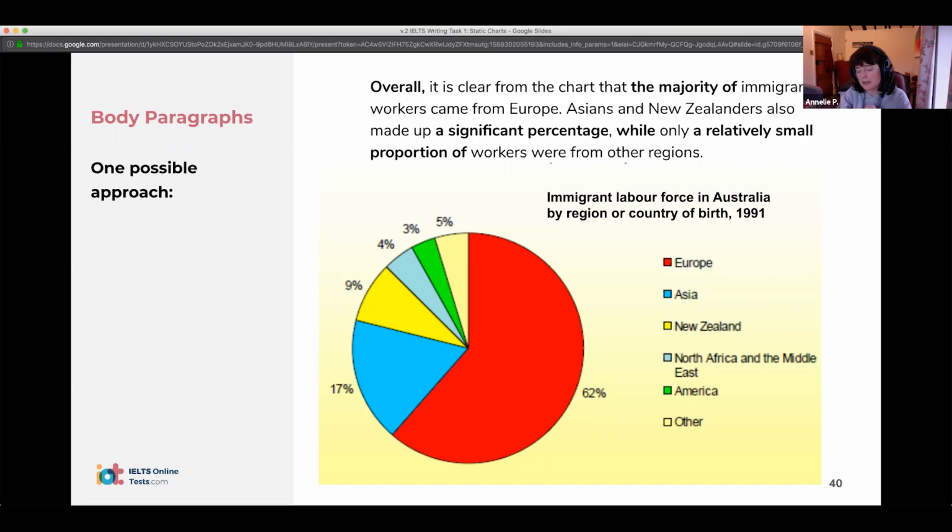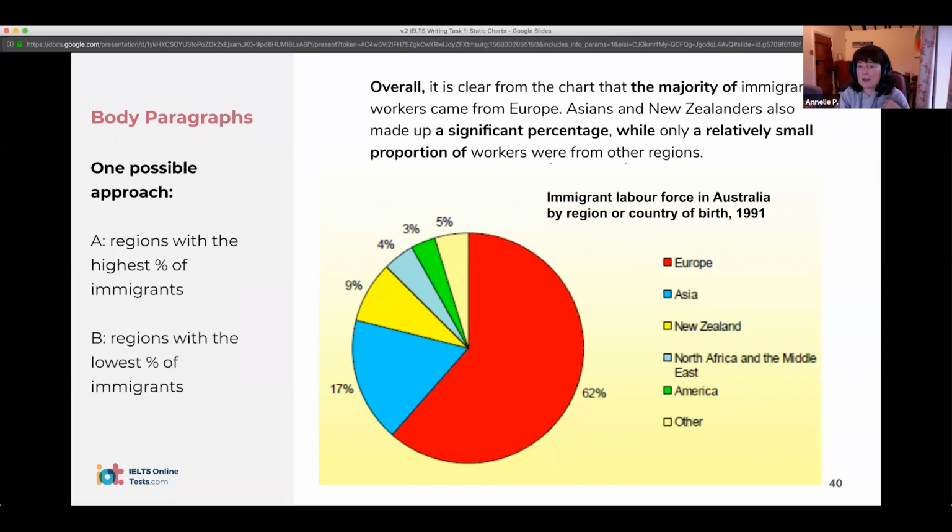So that's a very good way of dividing it up. You start from the highest and you work all the way down to the lowest. So we can see here that's a clear division into 2 sections, the significant ones and the ones that aren't. Any other approaches you can think of different to that one?